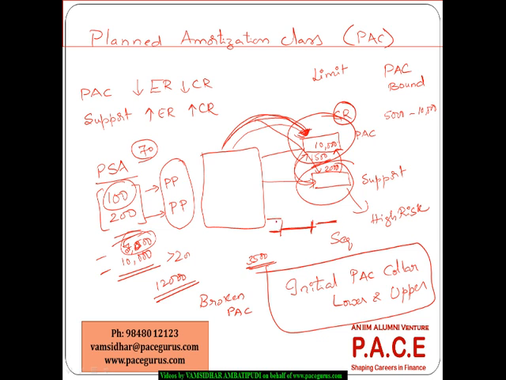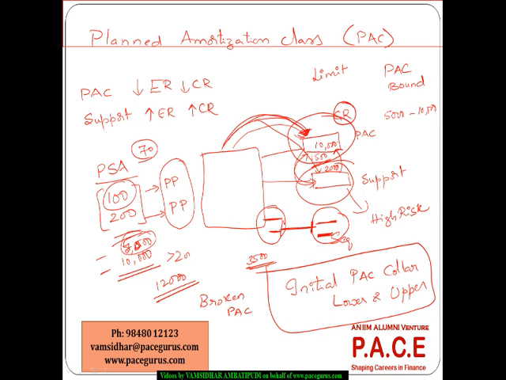If the PSA is very high, the contraction risk is very high for the support tranche. So the support tranche is exposed to both extension risk and contraction risk, much more than the PAC tranche.